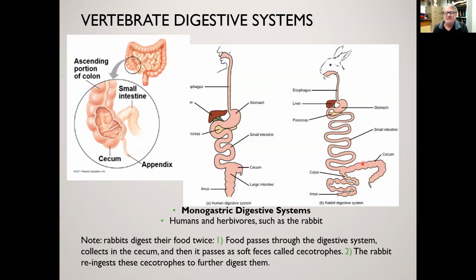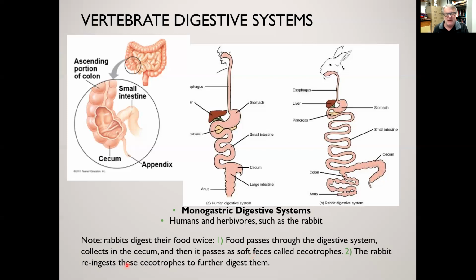So the contents of the cecum is removed from the body as soft feces. If you've ever raised rabbits or been around rabbits, you know that they will excrete this very soft, they form little balls of feces that they then reconsume.